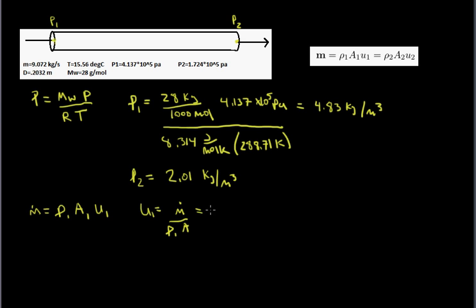If I plug that in, I get 4 m dot over rho 1 pi d squared.